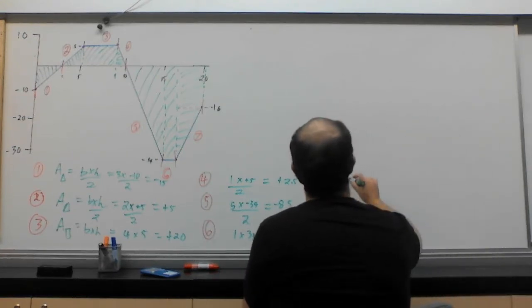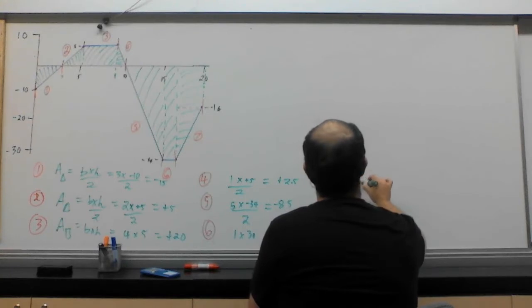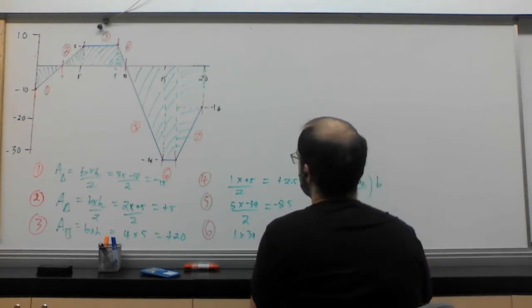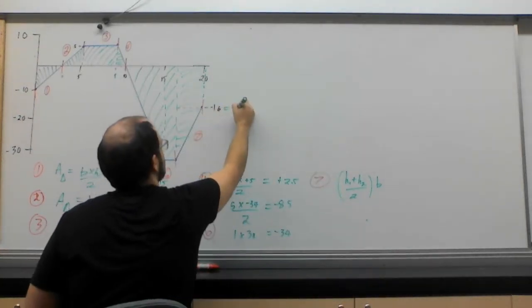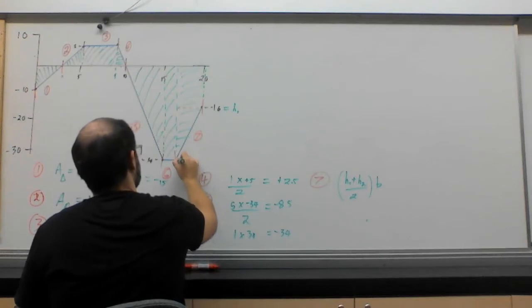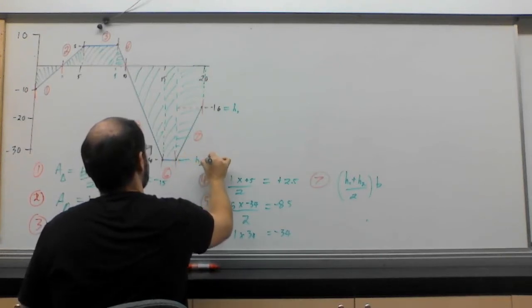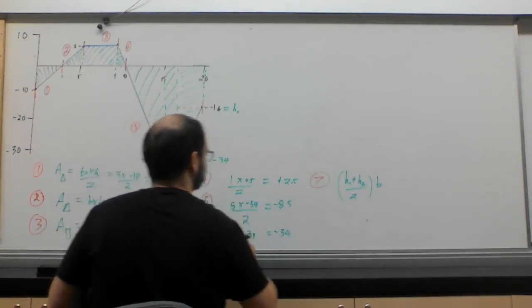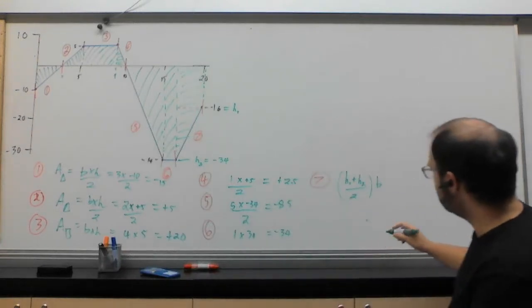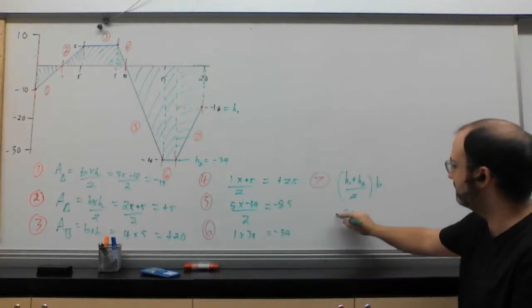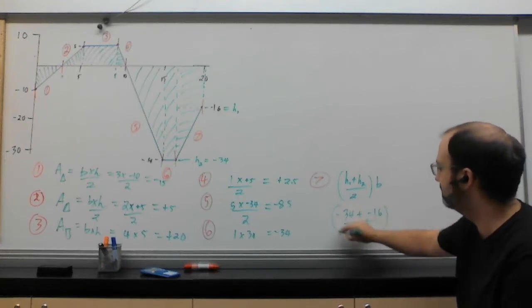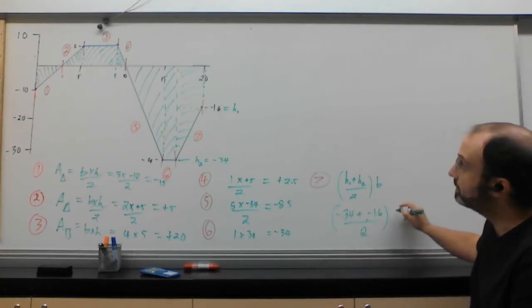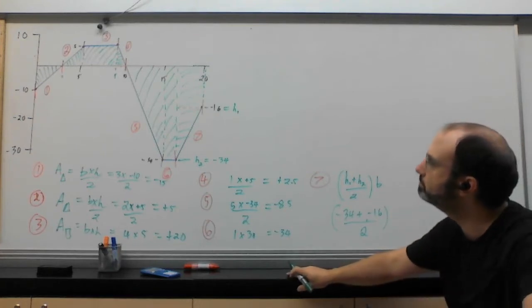So this trapezoid formula is going to be (height 1 plus height 2) divided by 2, all in brackets, times the base. In this case, the height 1 is 16, and height 2 is right here at negative 34. So I fill this in, and I'm going to get negative 34 plus negative 16, all divided by 2, and then I'm going to times it by, in this case, it seems to be about, what is that, 16?